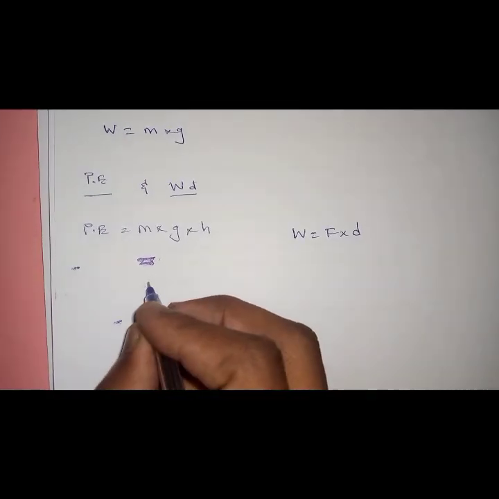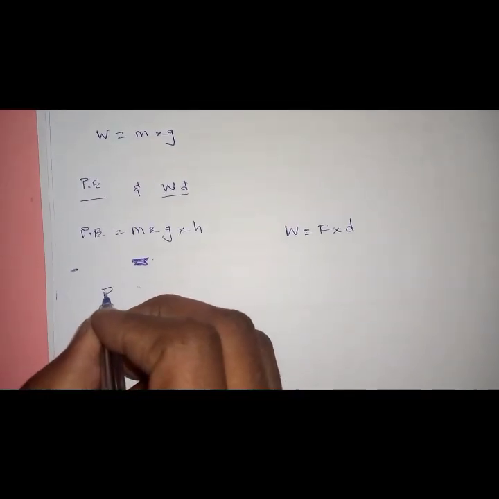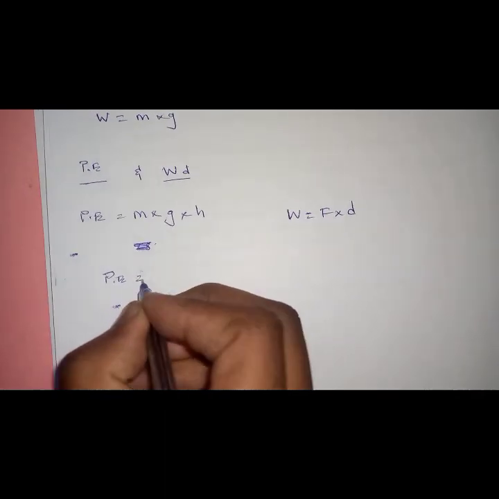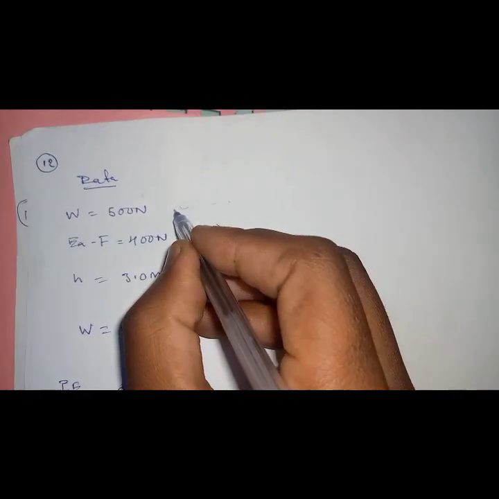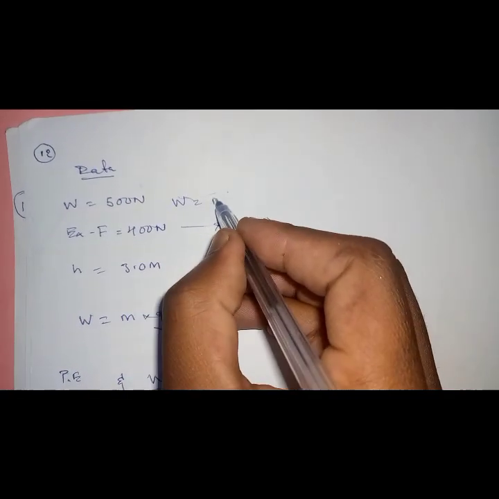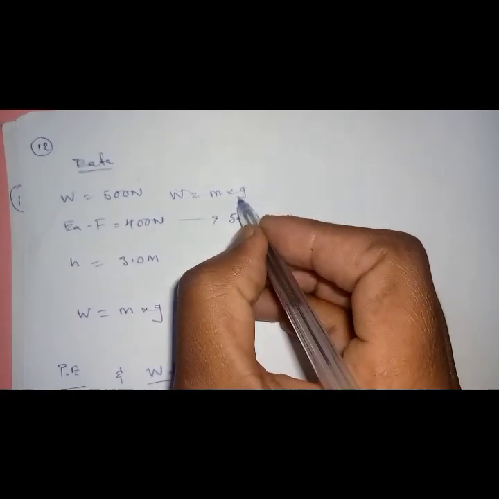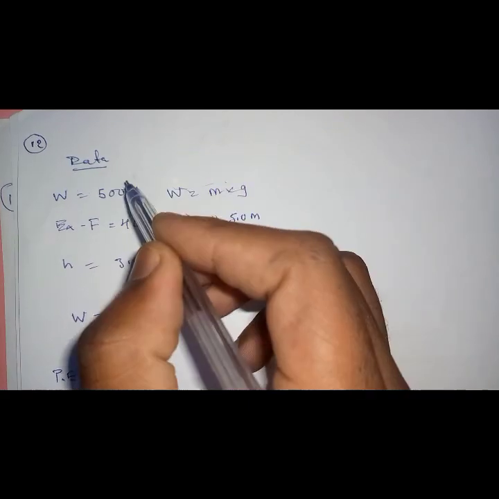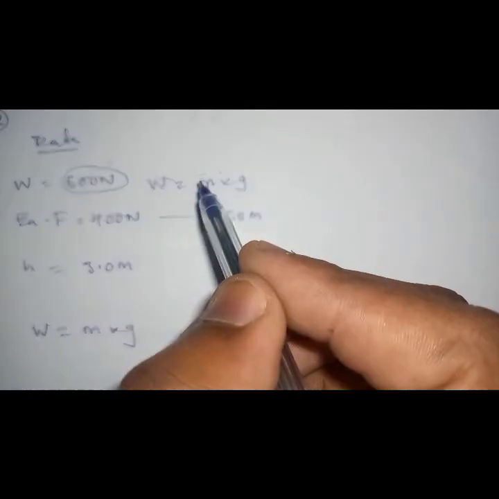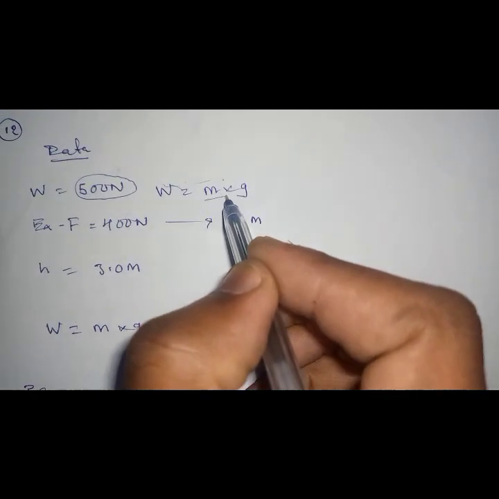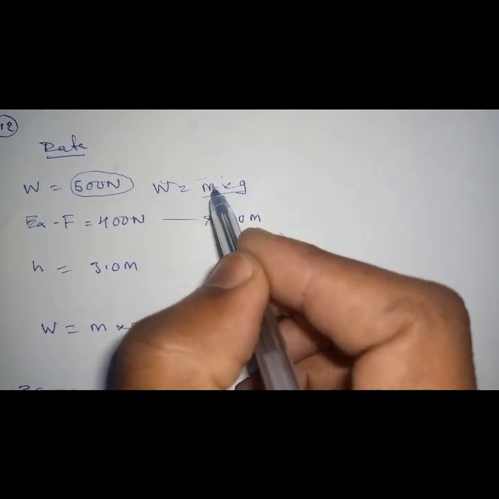Yeah, so for potential energy, we're going to have potential energy is equal to, if we have this weight here, I want you to remember that weight is equal to mass times acceleration due to gravity. So for us to have this value here, it means this formula has already been followed, mass times acceleration.